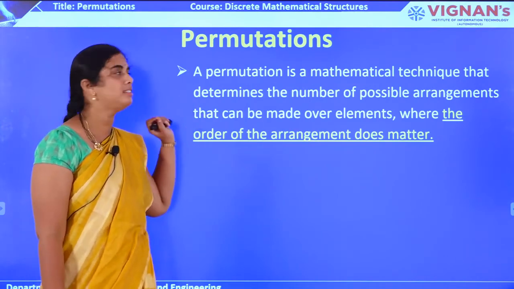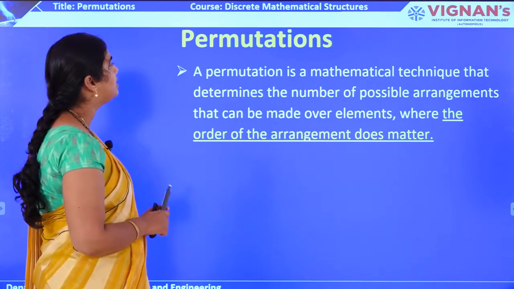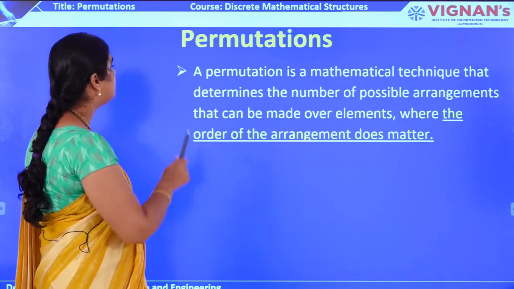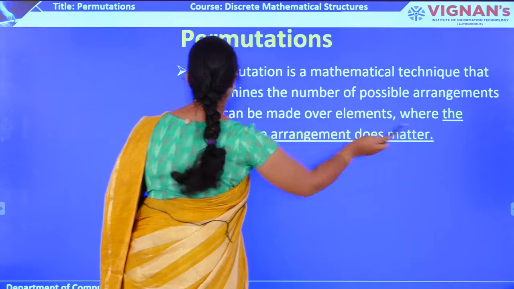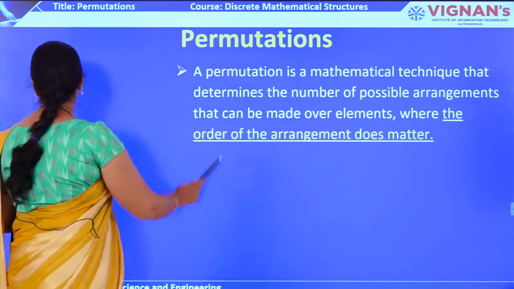Next comes permutations. Firstly, let us see the definition. A permutation is a mathematical technique that determines the number of possible arrangements that can be made over elements where the order of the arrangement does matter. See, this is a very important thing.